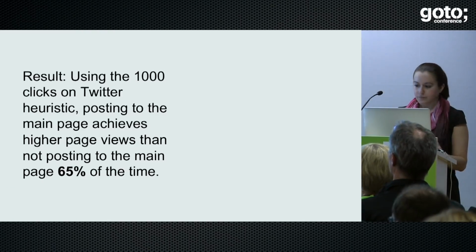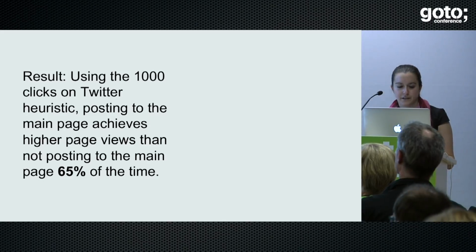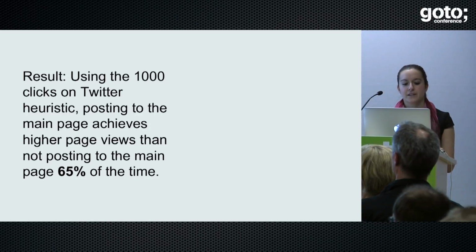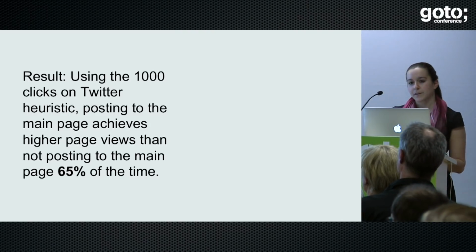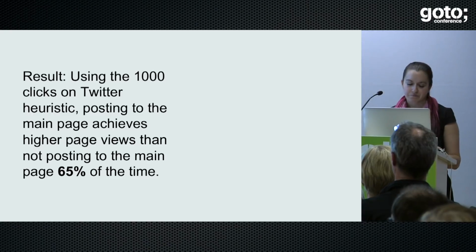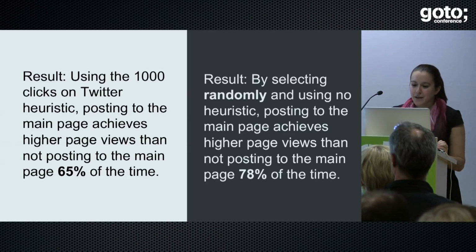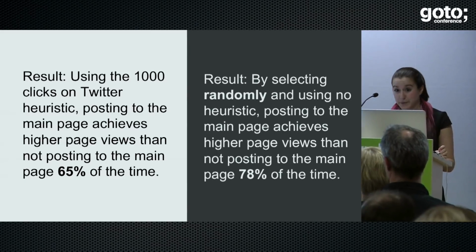All this to say, when we use the 1,000 clicks on Twitter heuristic to post to main, posting to the main page achieves higher page views than not posting to main 65% of the time. Okay, we kind of expected that because posting to main is going to generate more page views. However, by selecting randomly and using no heuristic, posting to main achieves higher page views than not posting to main 78% of the time.